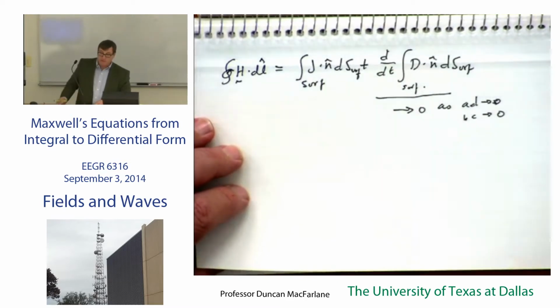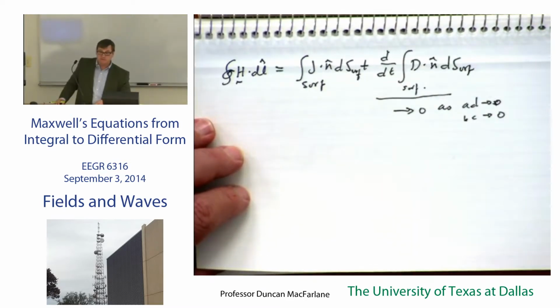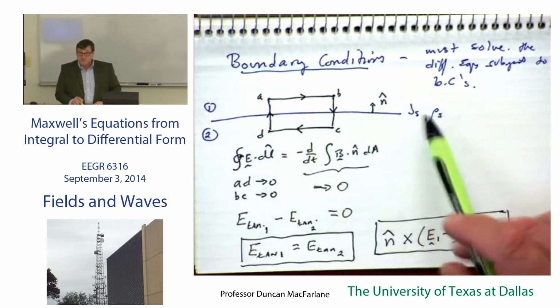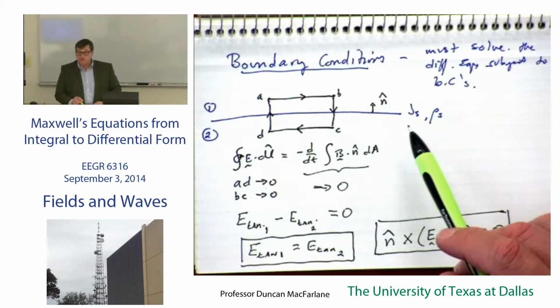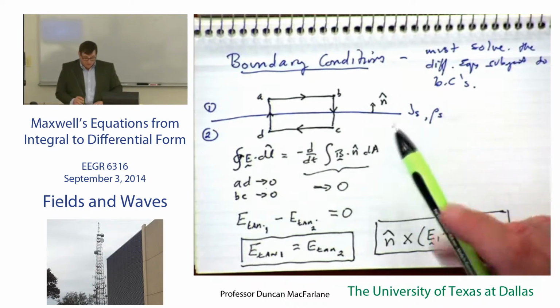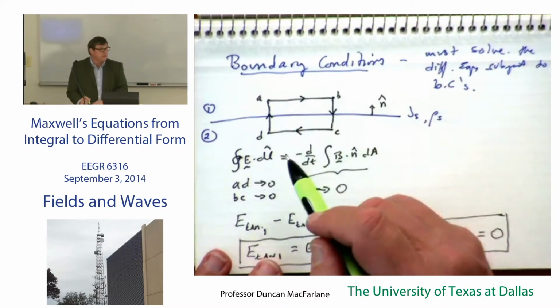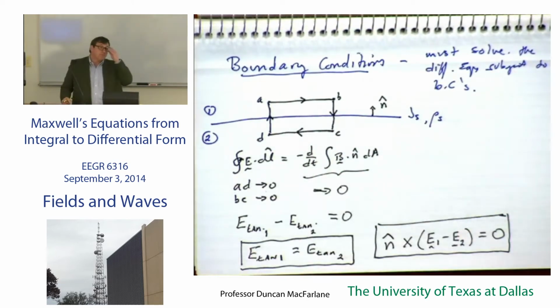Why can't I do that with this one here? Because I peppered my surface with charge and moving charge. So I get rid of all the current that's flowing up here and all the current that's flowing up here, but I still have my delta function worth of surface current.